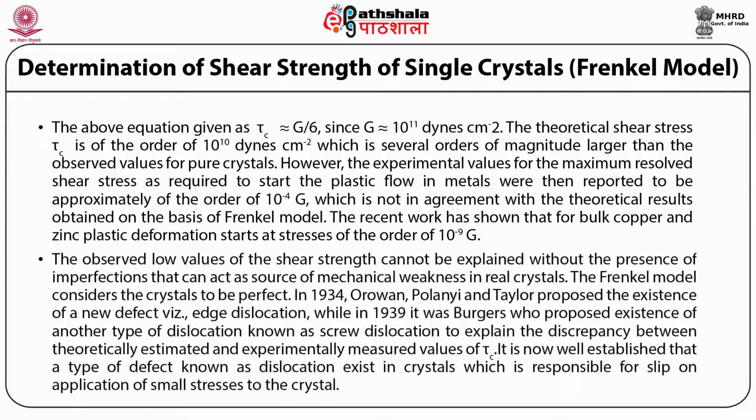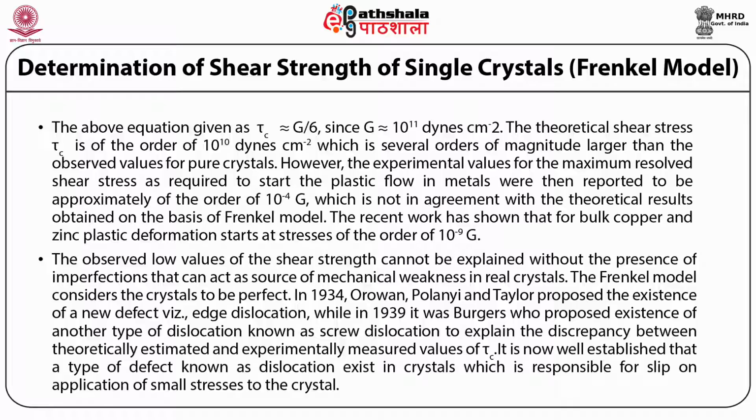The observed low values of the shear strength cannot be explained without the presence of imperfections that can act as sources of mechanical weakness in real crystals. The Frankel model considers the crystals to be perfect.